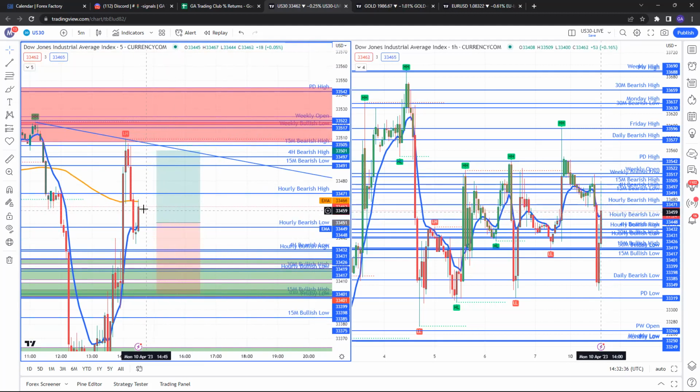So if this closes above, I will not wait for the closure of the 9 EMA on the next candle. I'll just wait for a retest of the 9 EMA and I will enter on impulse.